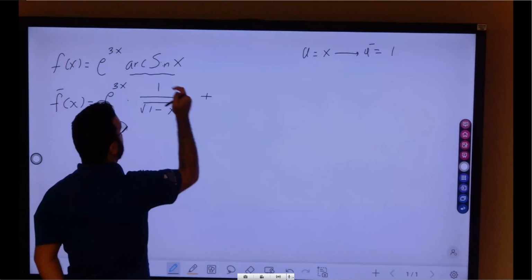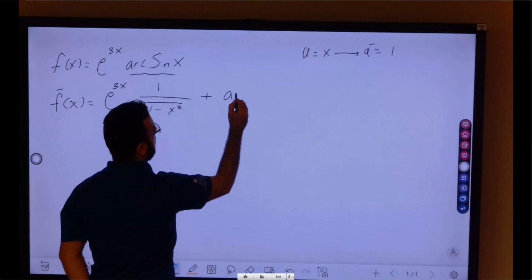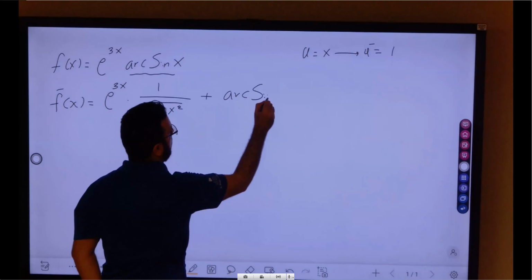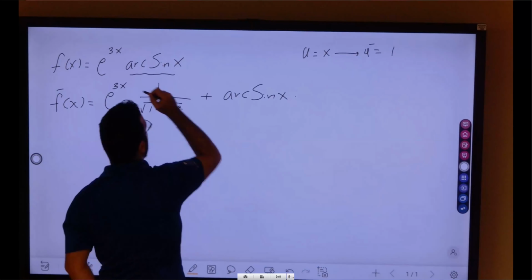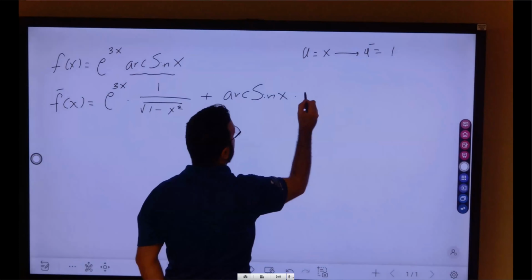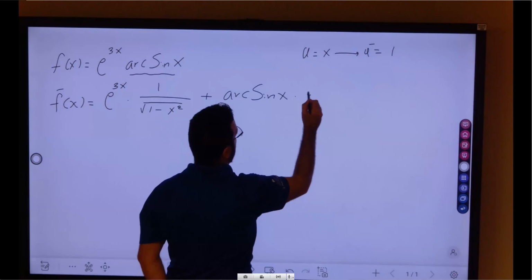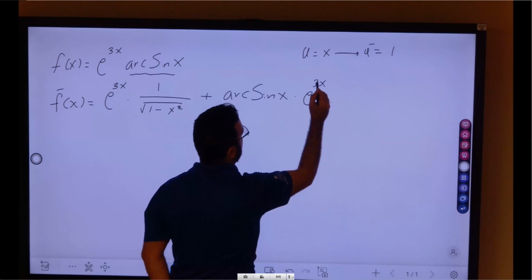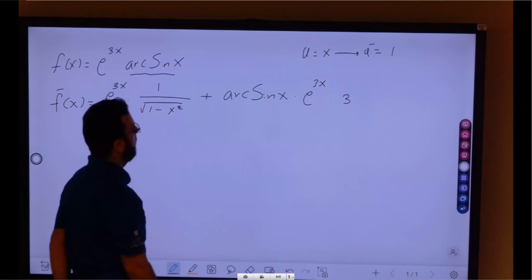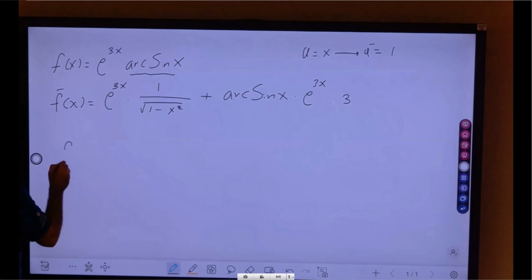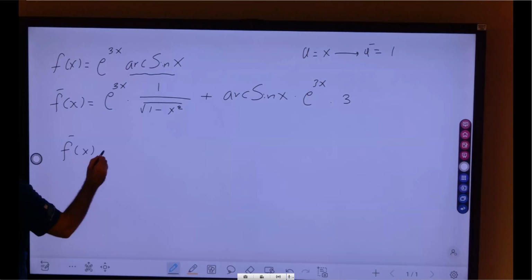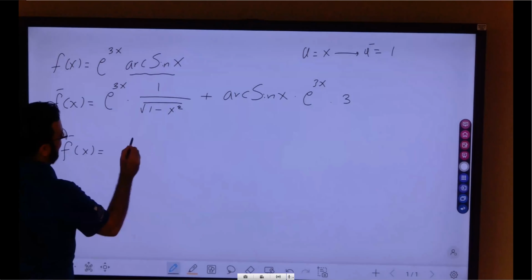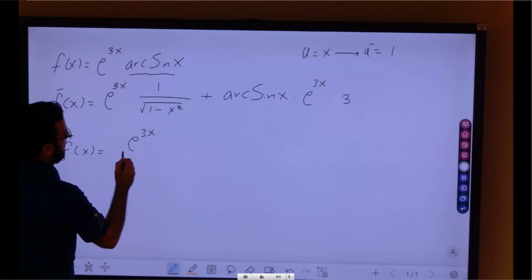Plus the second one times the derivative of the first one, which is the same thing, 3 times 3. Yes, the same thing, times the derivative on the top, which is a 3. Now, next step. e to the 3x over.